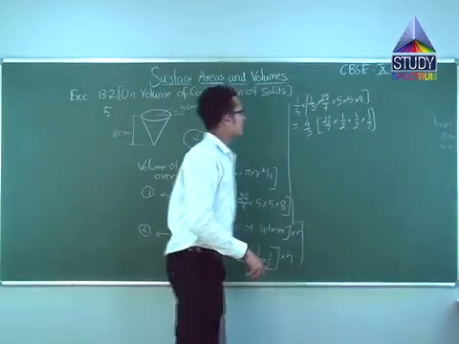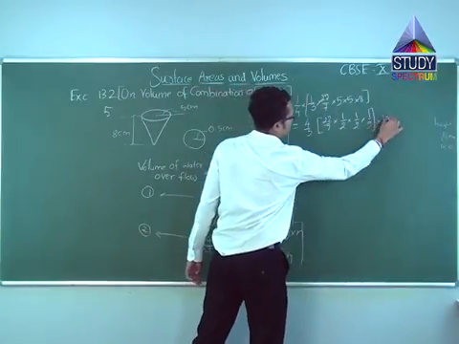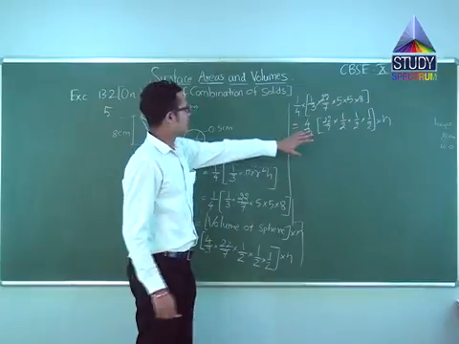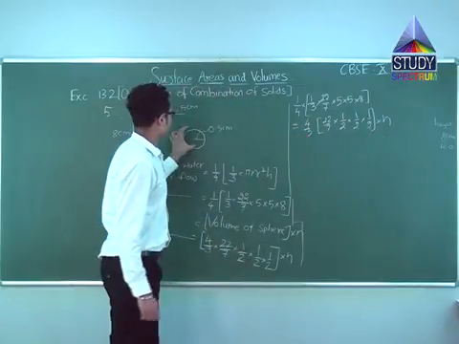This is multiplied by n. n is the number of such shots.